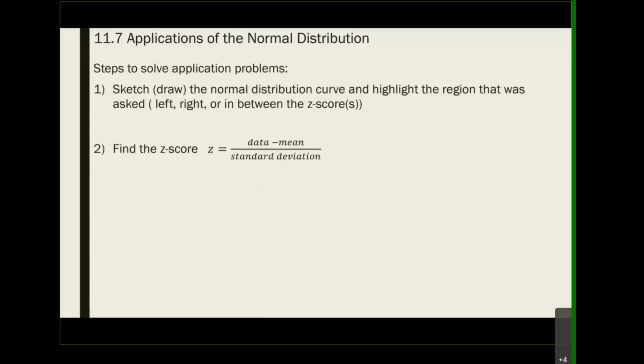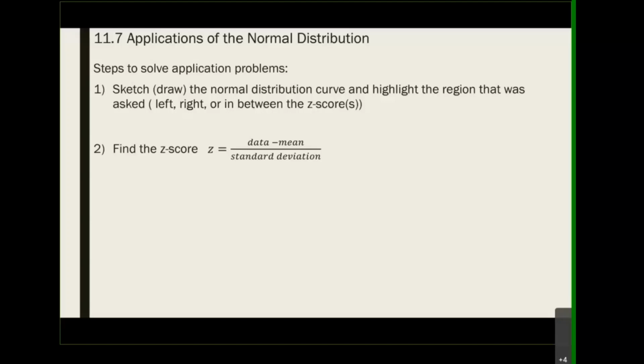The only thing new, not really new, that you need to do before you can look at your chart is convert your data to the z-score. They won't give you the z-score, so we have to find it. To find a z-score, if you watched the video from last Monday, we take the data minus the mean, divided by the standard deviation.